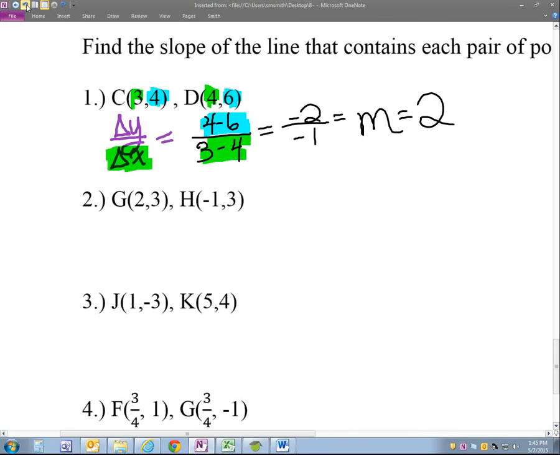See how there's a 4 here and a 4 here? That's just coincidental. Why is 2 not negative 2? Because a negative multiplied by a negative is a positive.